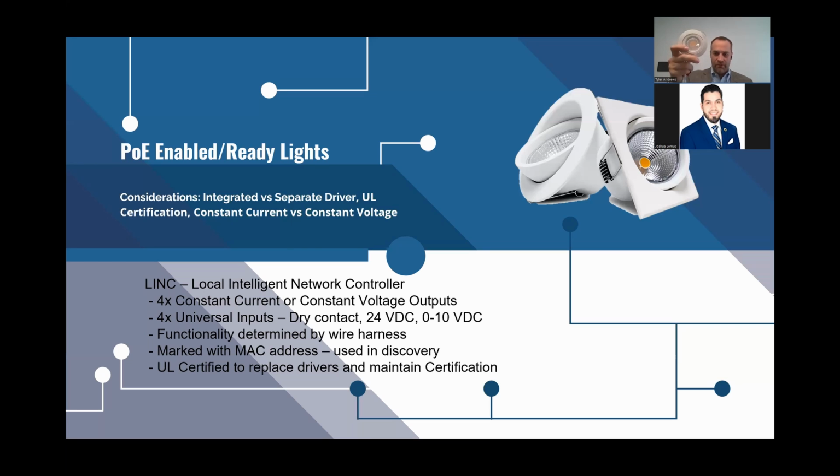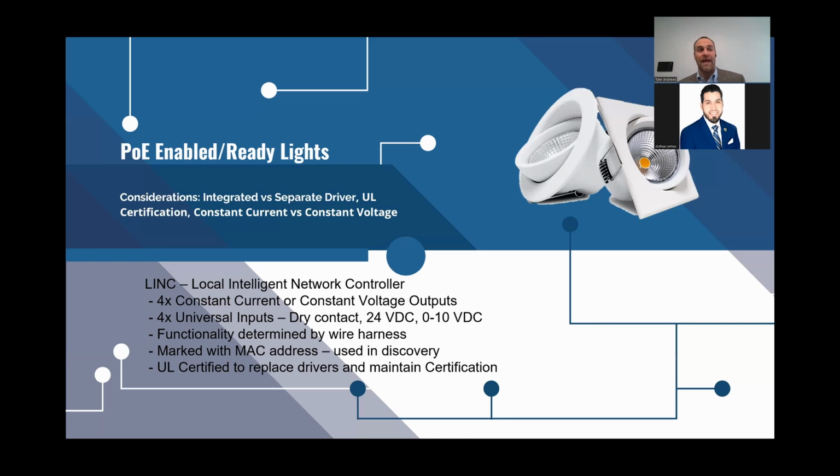For example, this one that I'm holding up, a 4-inch gimbal light, is a constant current light fixture. It can be warm white or cool light, or sometimes both. If you're buying commercial light fixtures, you're probably going to see this about 90% of the time.